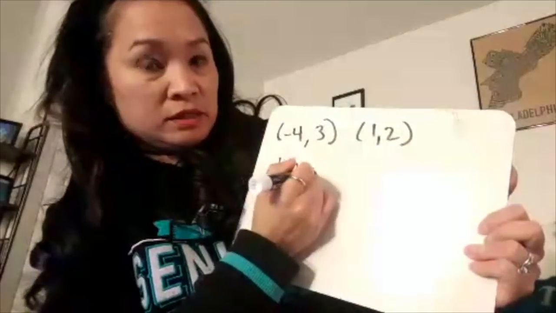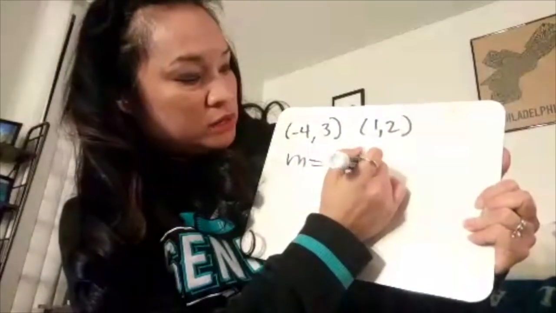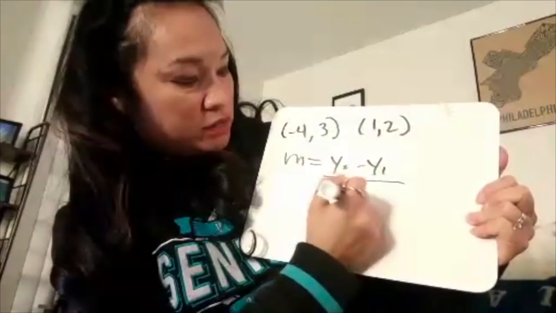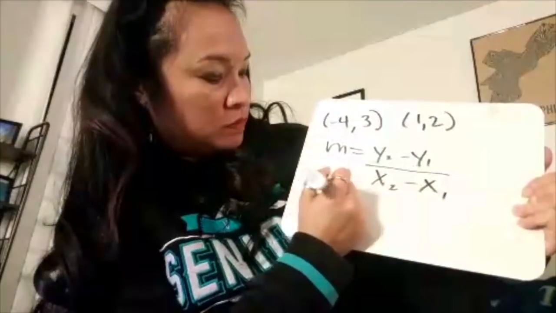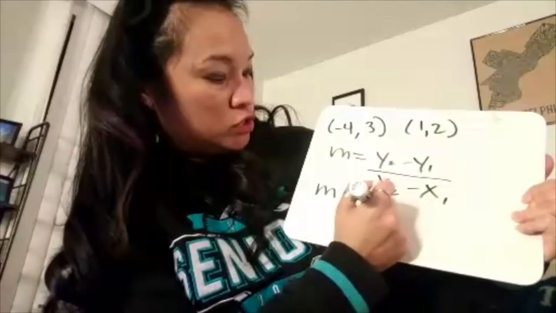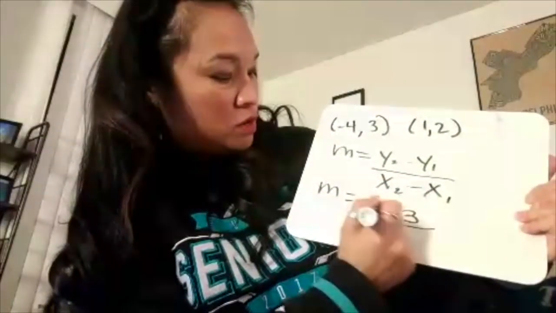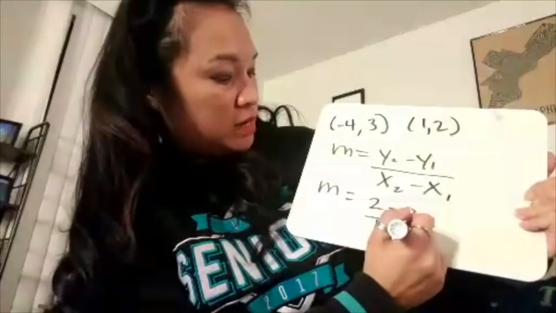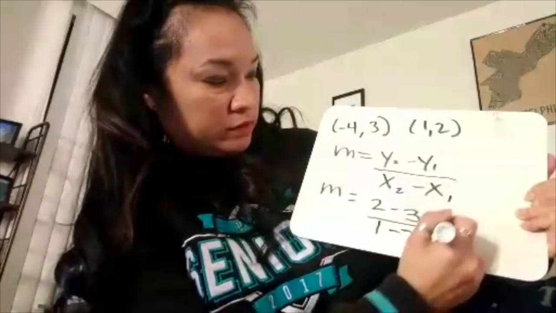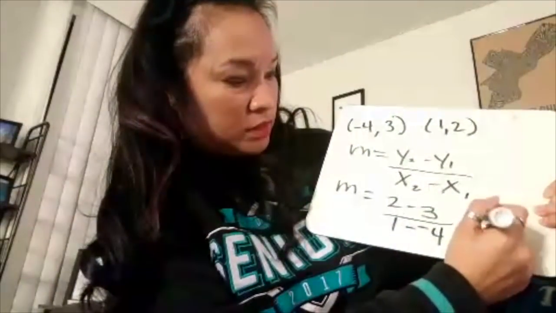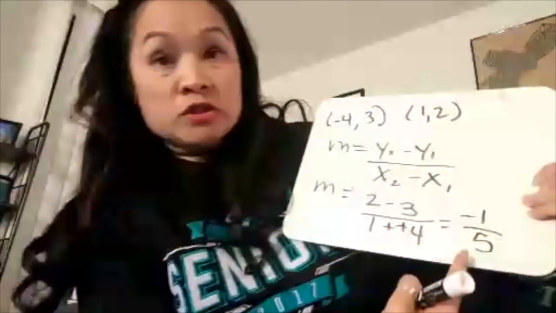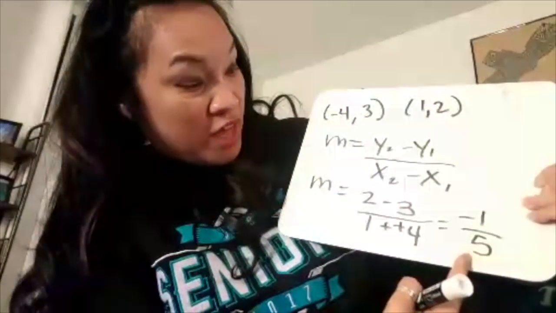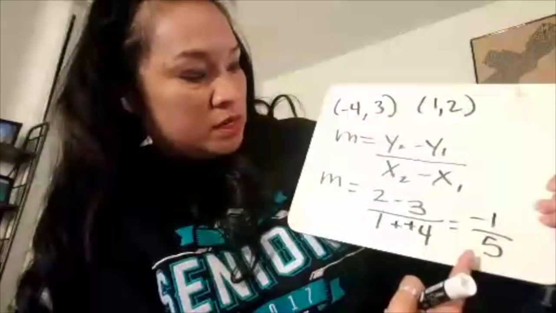The slope is y2 minus y1 over x2 minus x1. Let's plug that in. M equals 2 minus 3 over 1 minus -4, which equals -1 over 5. So the slope of the blue line is -1/5.